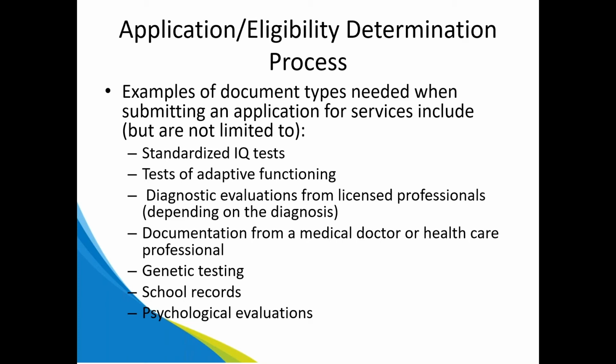Documentation of a developmental disability may include, but is not limited to, standardized IQ tests, such as the Stanford Binet Intelligence Test or the Wechsler Preschool and Primary Scales of Intelligence, tests of adaptive functioning, such as the Vineland Adaptive Behavior Scales or the Adaptive Behavior Assessment System, also known as the ABAS, diagnostic evaluation from licensed professionals, documentation from a medical doctor or healthcare professional, genetic testing, school records, or psychological evaluations.